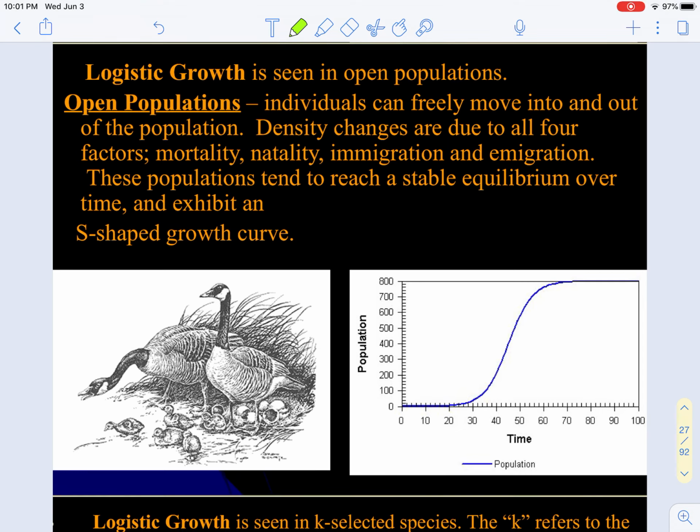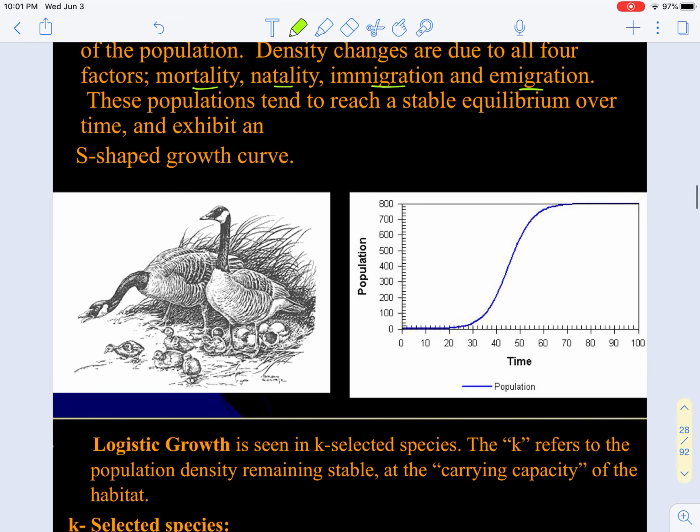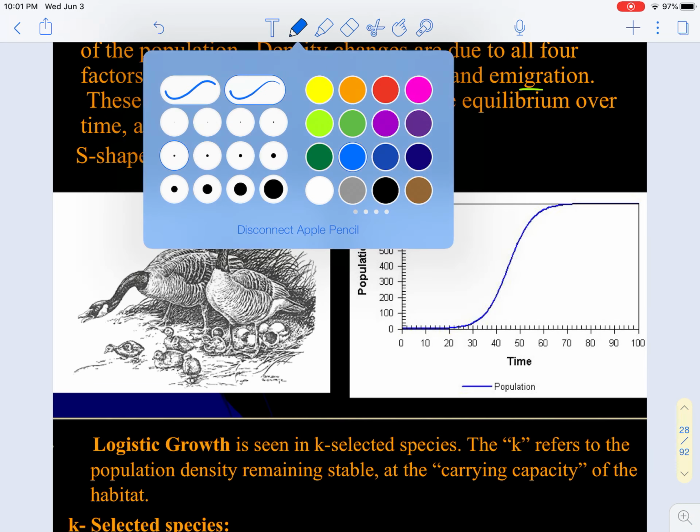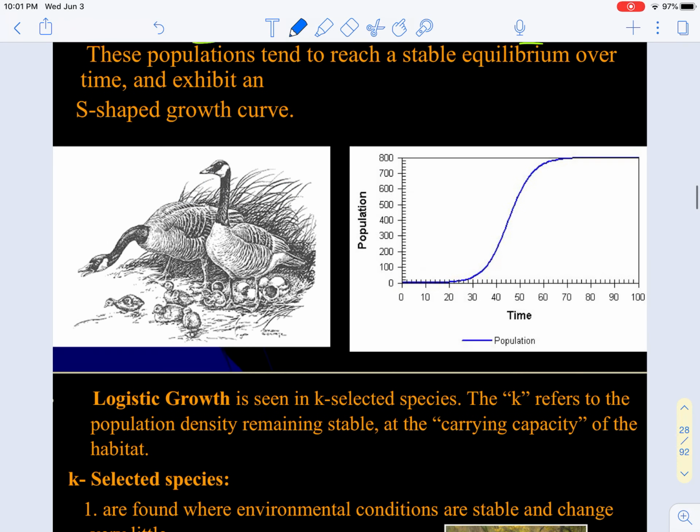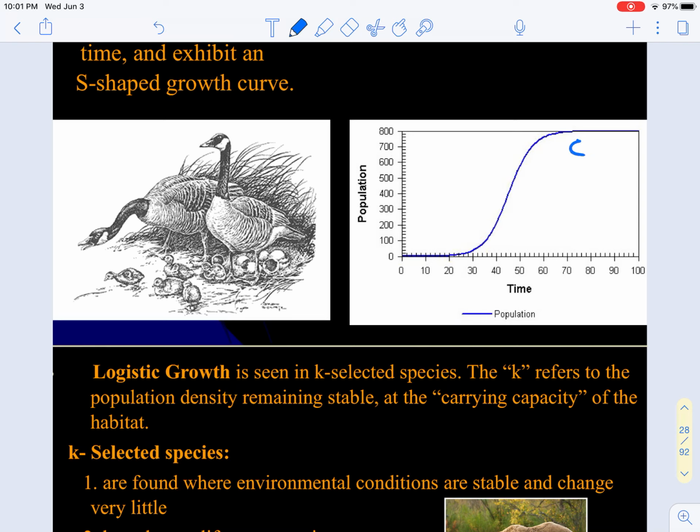So the ones that show this are often open and free-moving populations, which will have some births, deaths, immigration, and emigration. They are often a little bit larger organisms, and because they reach carrying capacity, they are considered K-selected species.